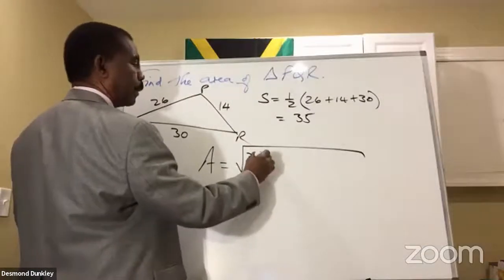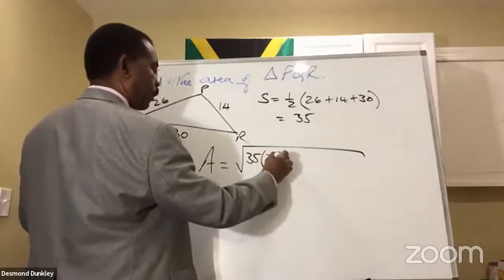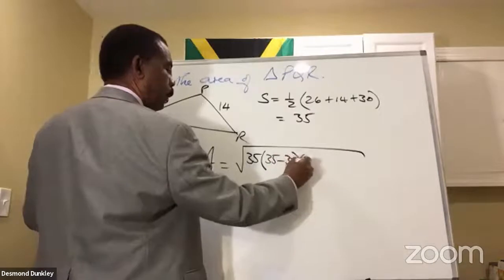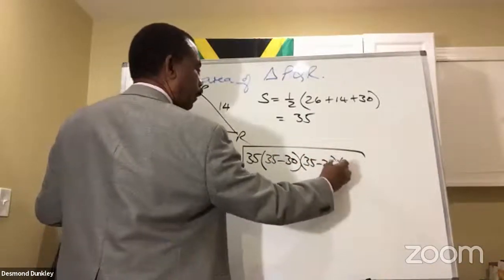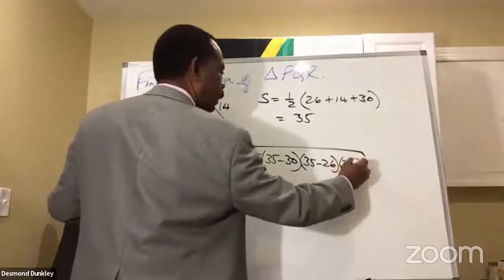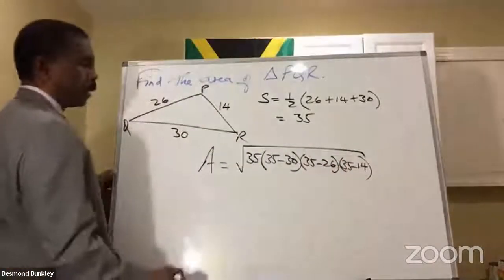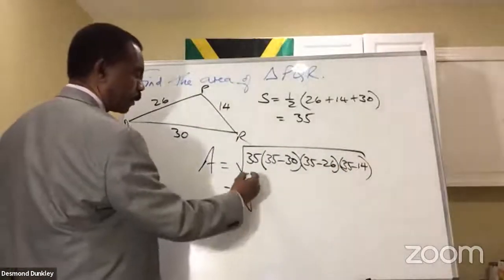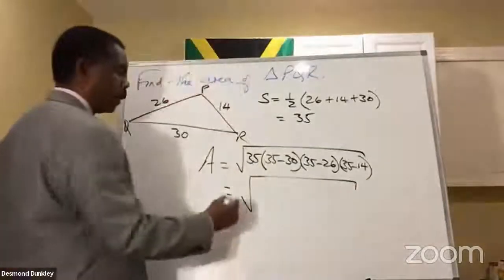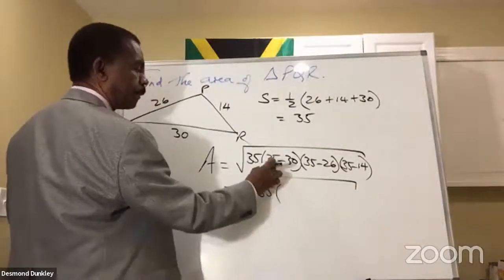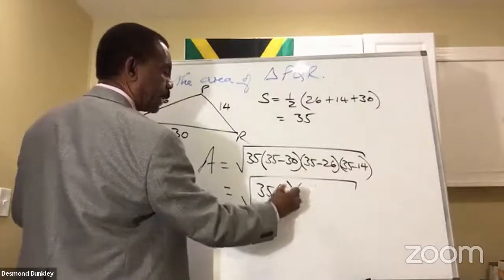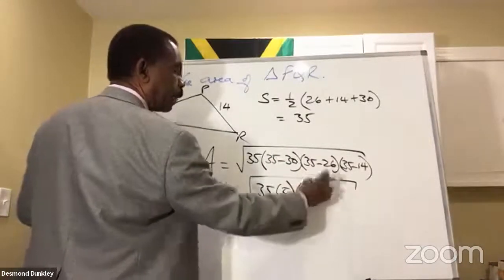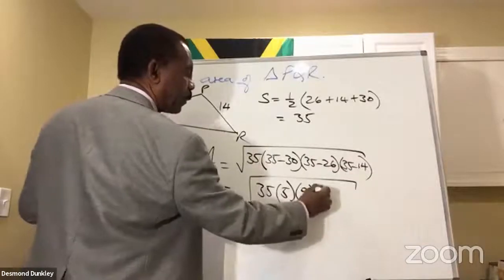35 times 35 minus 30, 35 minus 26, and then 35 minus 14. Okay, and that's going to be equal to the square root of 35 times 35 minus 30 is 5, 35 minus 26 is 9, 35 minus 14 is 21.